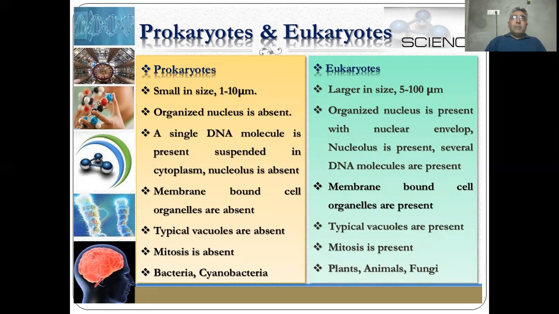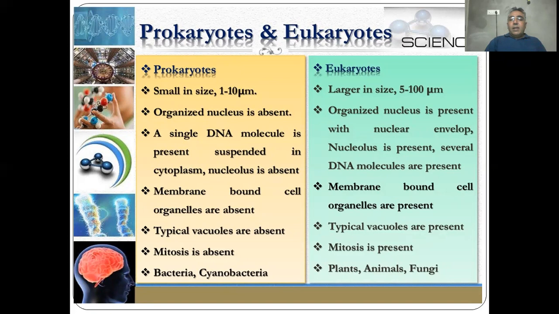Organized nucleus is absent, in which the nuclear membrane is not present around the genetic material, and that is called nucleoid. A single DNA molecule is present suspended in the cytoplasm. Membrane bound cell organelles are absent. Typical vacuoles are absent. Mitosis is absent. Examples are bacterial cells and cyanobacteria.